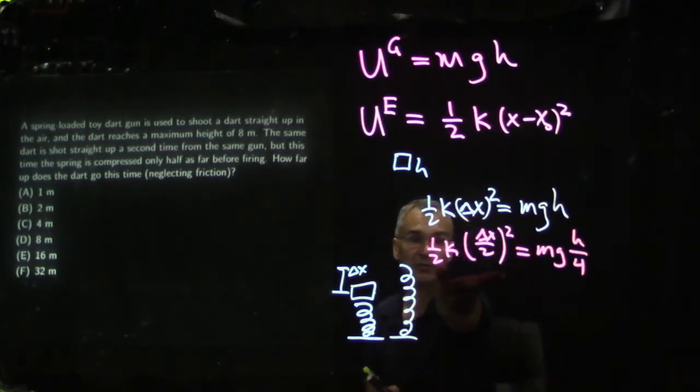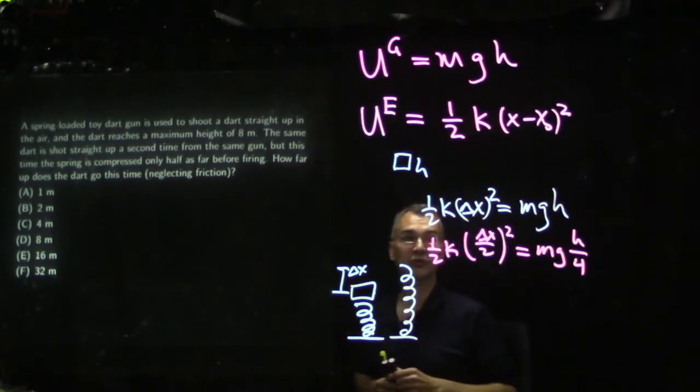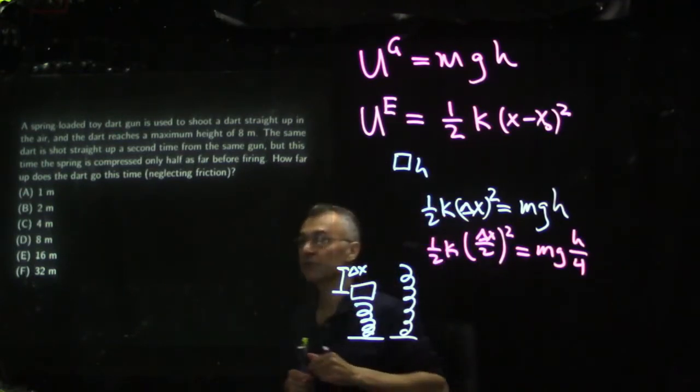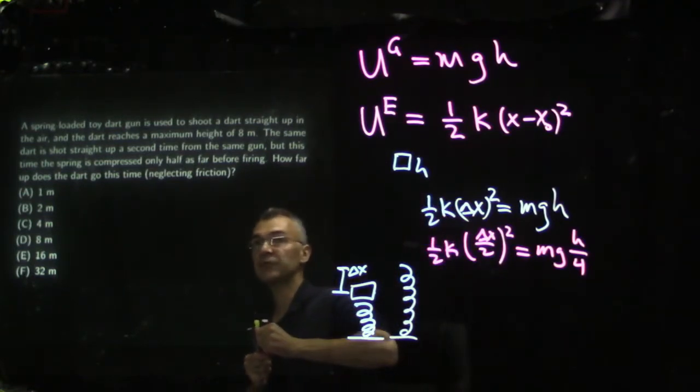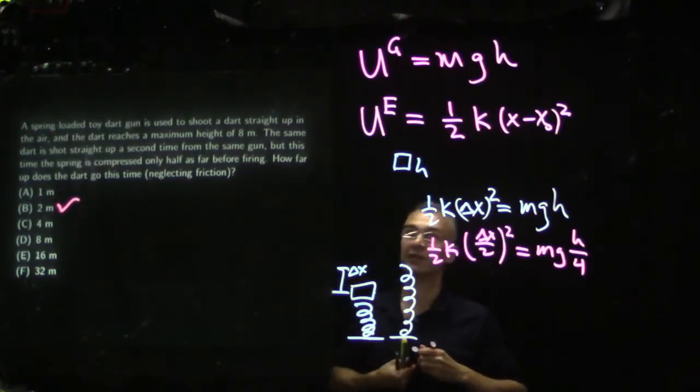So if we compress the spring only half as much, that's 1/4 as much stored elastic potential energy. Therefore, we'll get 1/4 as much gravitational potential energy at the peak altitude. So we'll go to 1/4 the total height. So if we initially went up to 8 meters, instead we'll go up to only 2 meters.